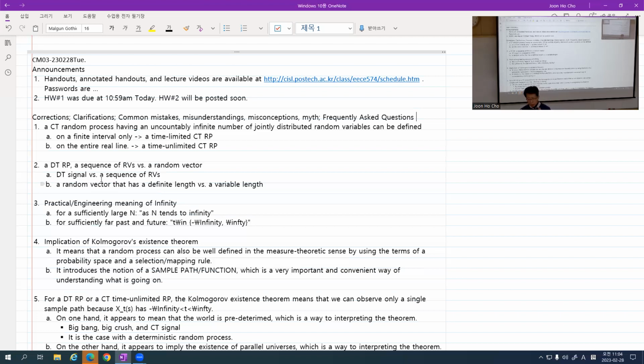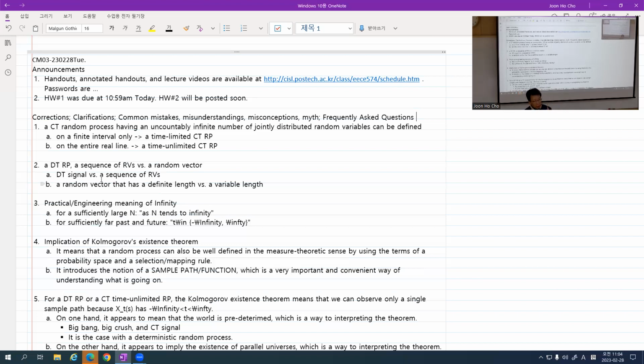So what I'm saying is that a CT signal or CT random process has uncountably infinite random variables, and that does not come from the fact that t ranges from negative infinity to positive infinity.